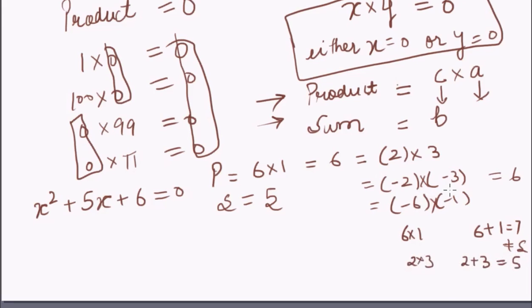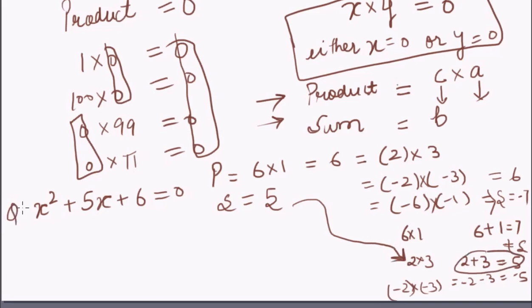If we pick minus 2 into minus 3, then their addition is minus 5. Similarly, minus 6 into minus 1, their addition, that is the sum here, will be minus 7. So our sum is attained by this particular product, that is 2 plus 3 is 5.